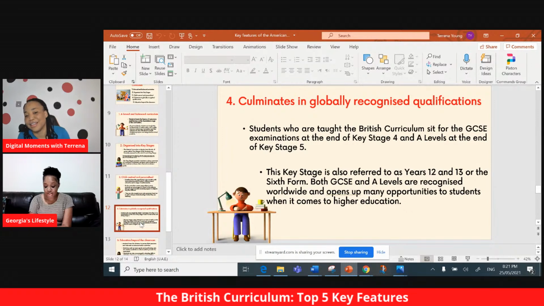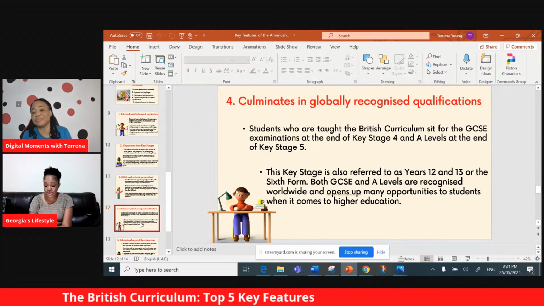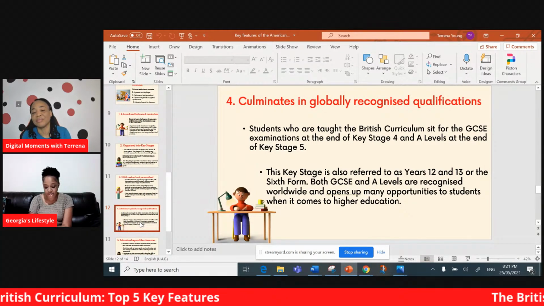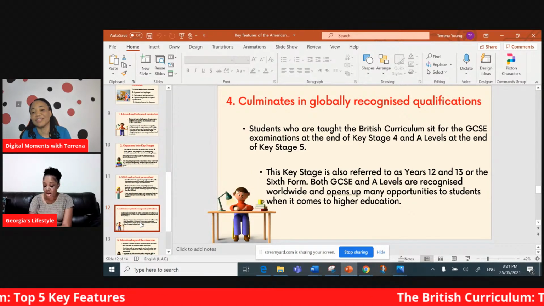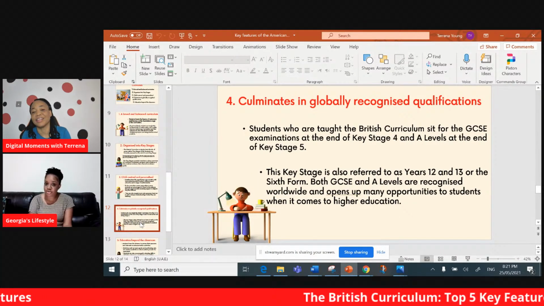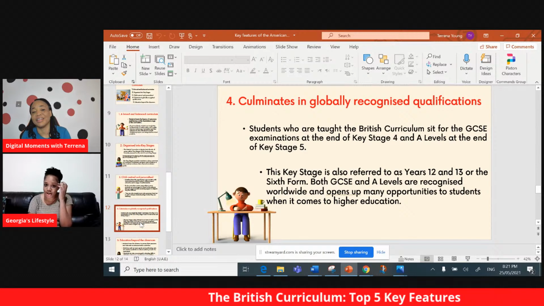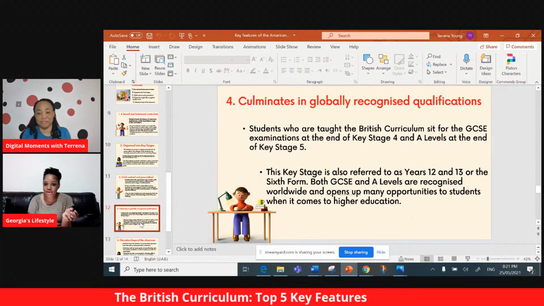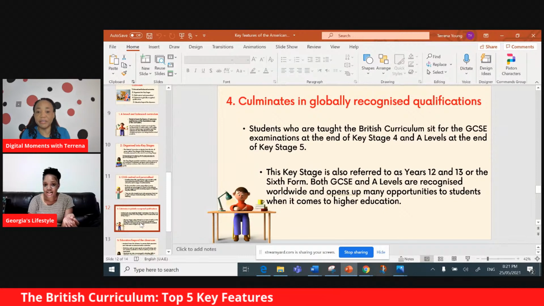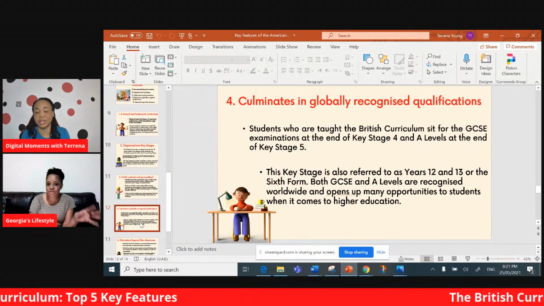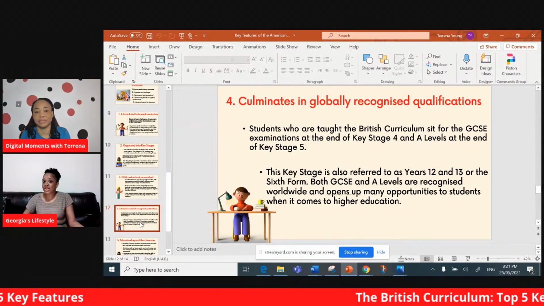Then, this key stage is also referred to as years 12 and 13 in the UK curriculum, and in Jamaica we say sixth form because technically they finish at grade 11, fifth form. Then they do 2 years in sixth form, grade 12 and 13.